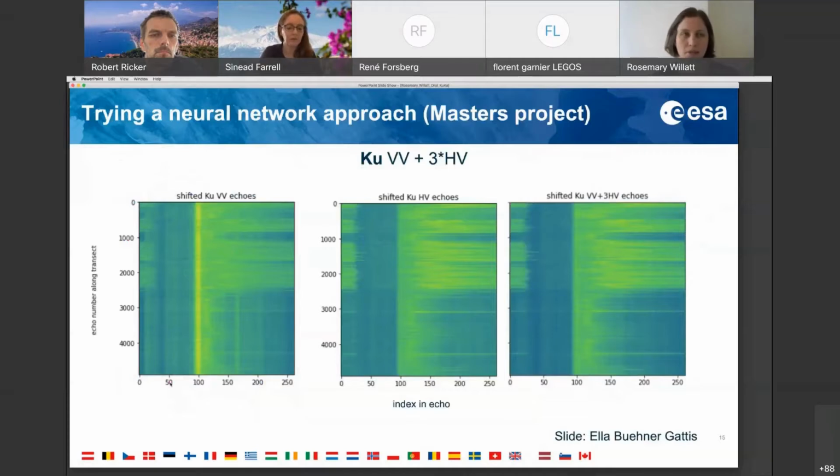Just to highlight really briefly some work that a fantastic master's student has been doing here at UCL using an AI approach. What we did was to feed the AI system a combination of co-pol and cross-pol echoes, where we tried to combine them in such a way that the air-snow and snow-ice interface had similar magnitude peaks.